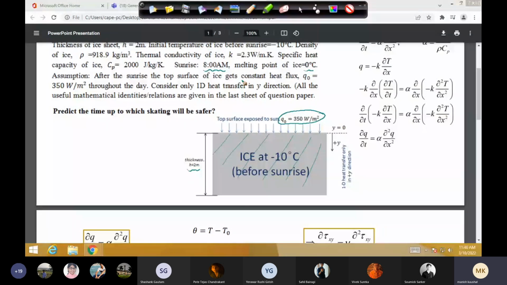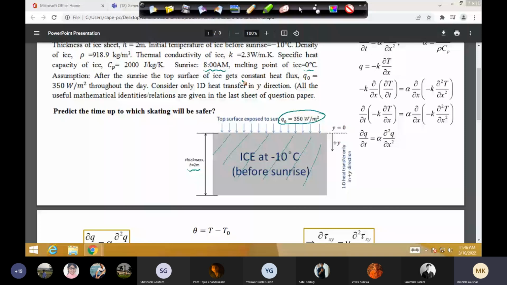No, the top layer, because the top layer is the first layer where the sun rays will hit. This layer will get heat first, so its temperature will be higher than other layers. Of course, gradually heat will penetrate into this ice block, and then gradually the temperature of the whole part will start increasing.